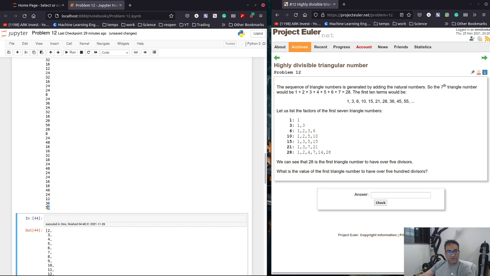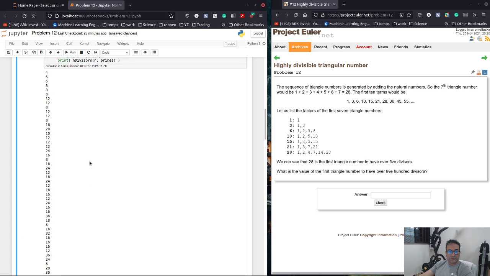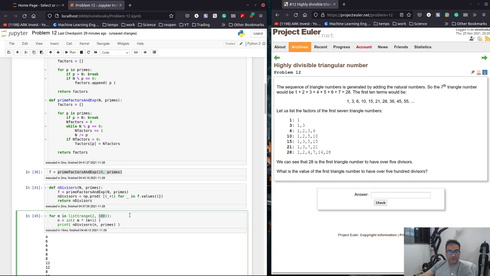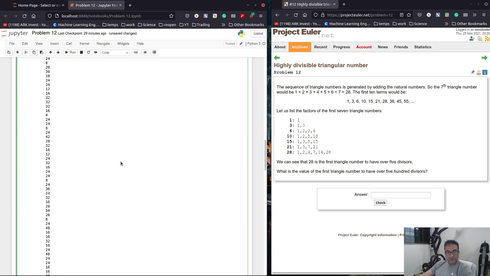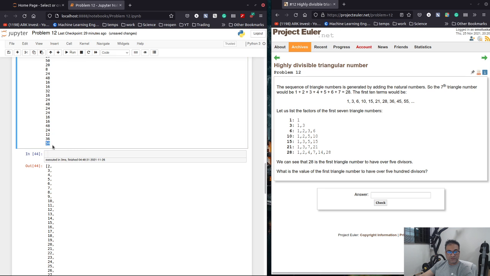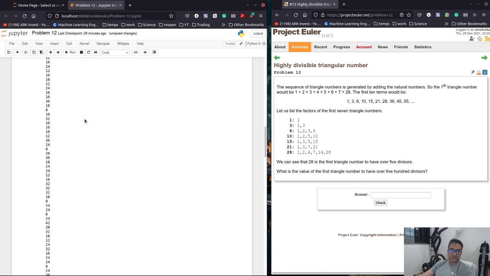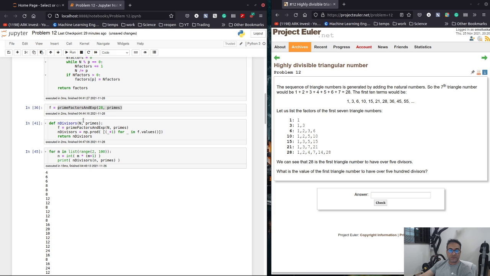Blah blah blah. So if you go only up to 100, go up to 100. 100 has 54 divisors. We need many more than that. Something like that. Okay.